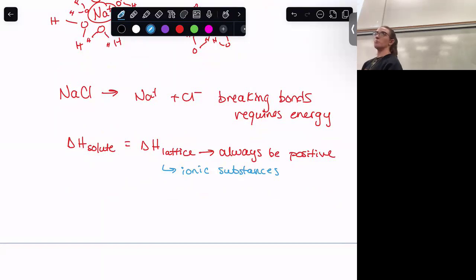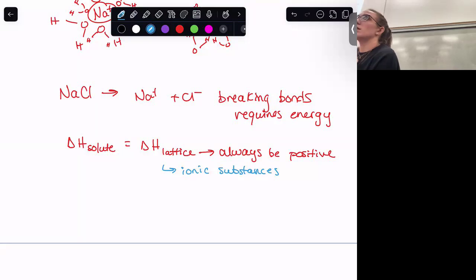Ionic compounds are the ones that create lattices, and so they will always break apart into their ions. Since those have to break apart, that will always require energy to do so.